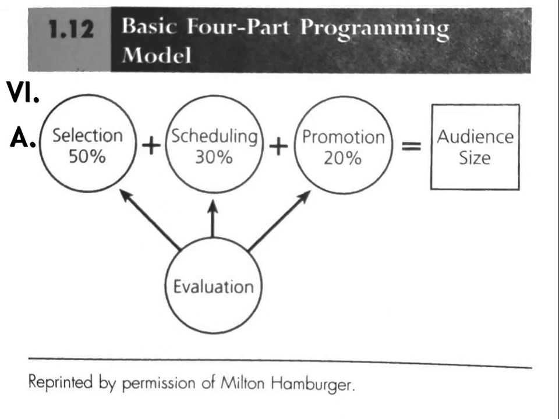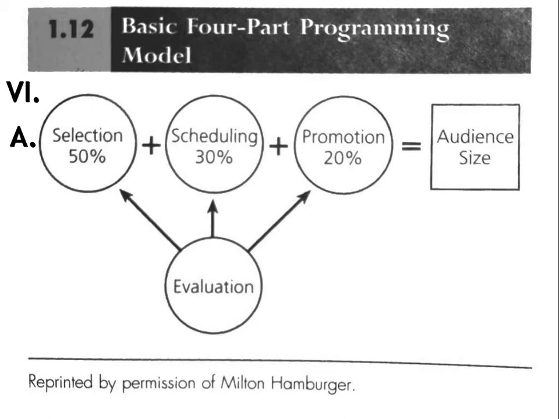You can almost think of it as an equation where you've got the different elements of what it takes for broadcast programming to happen, and thinking about how those things come together. So the ultimate goal is to try to get as good of an audience size as you can with your content that is going to appeal to advertisers to want to purchase airtime on your station.